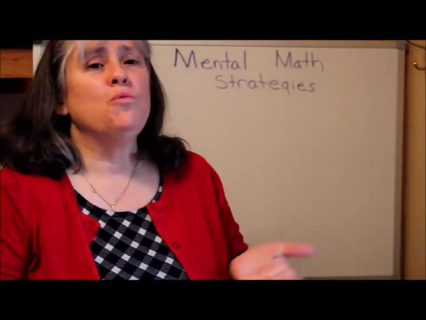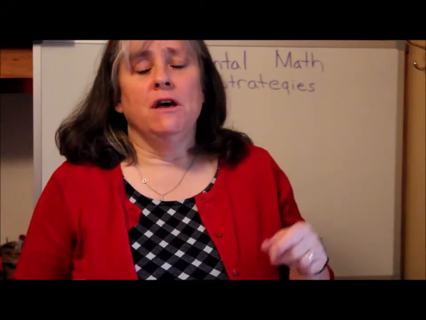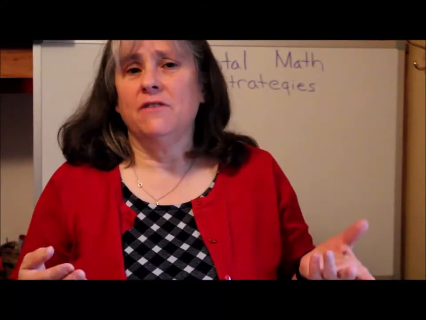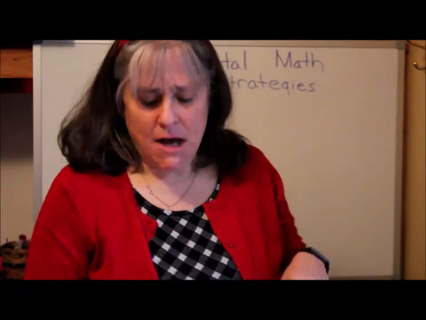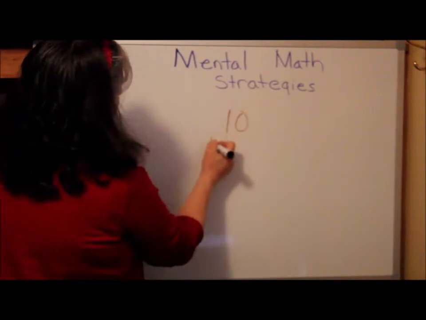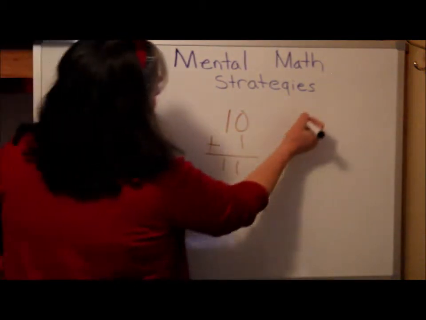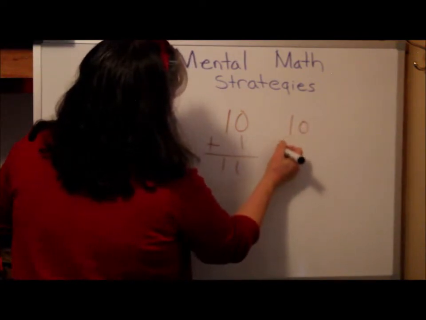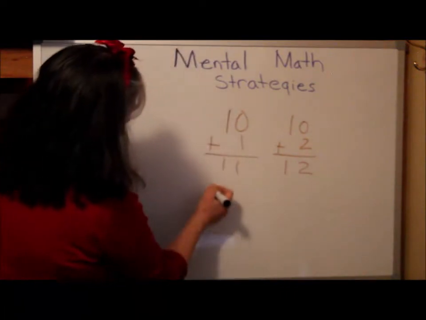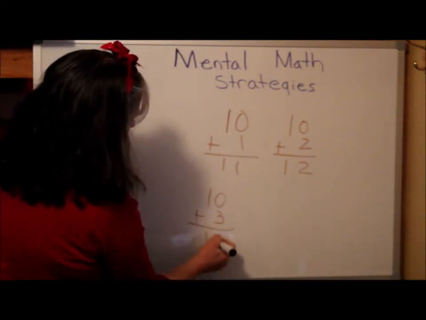One of the things that you might notice is when you're adding numbers, if you have 10 and some more, they're kind of easy numbers to add. Like if I gave you 10 plus 1 equals 11. 10 plus 2 equals 12. 10 plus 3 equals 13.